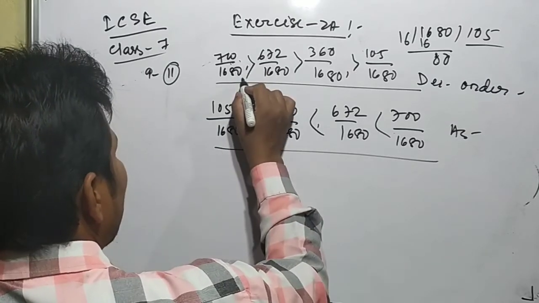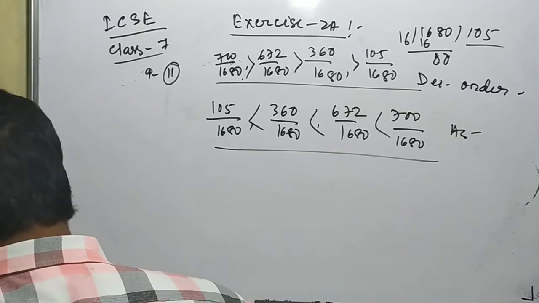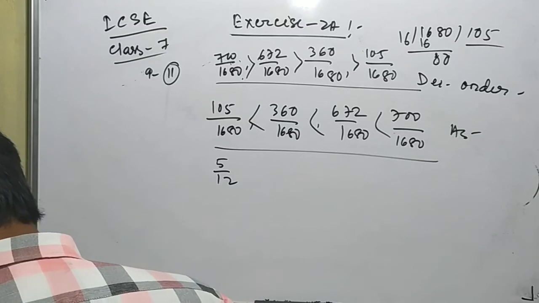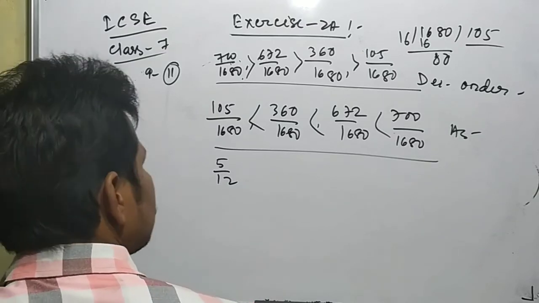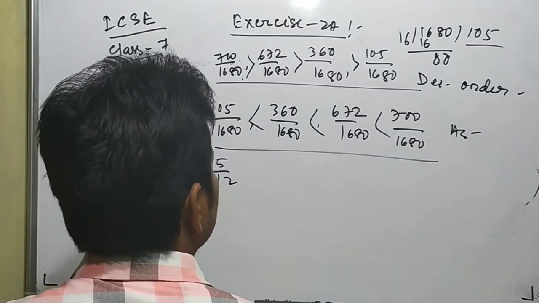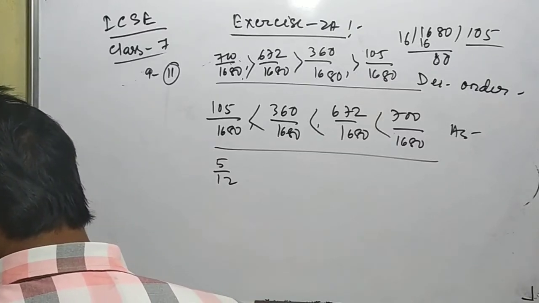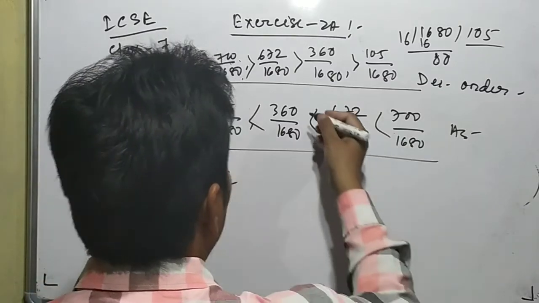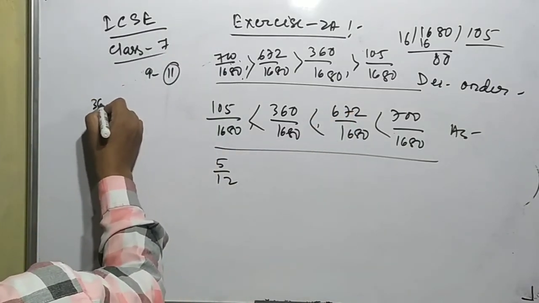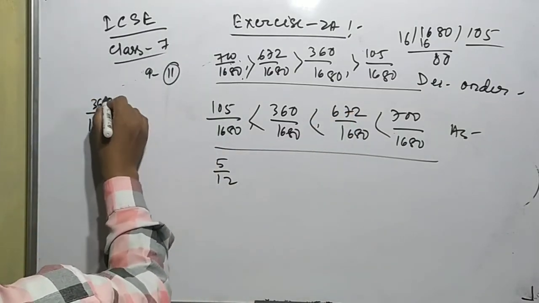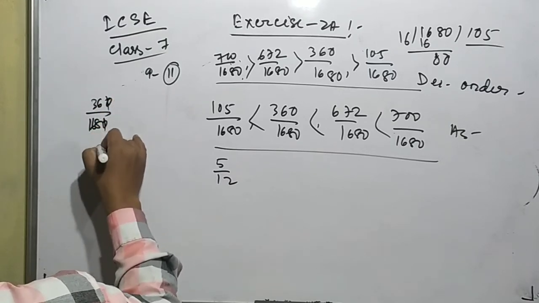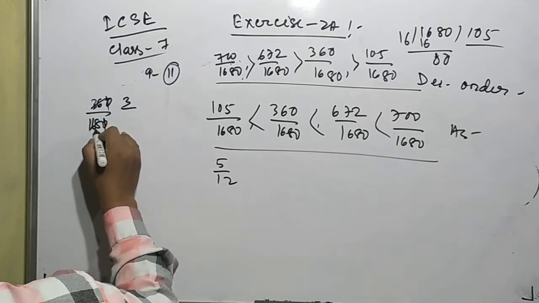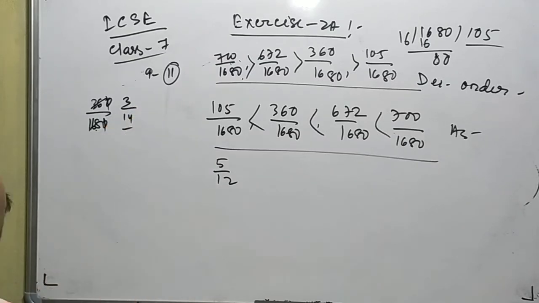So 700 by 1680, whose value? 5 by 12. 360 by 1680, whose value? Reduce it: 360 by 1680, cancel 0, 36 by 168, 3 by 14.